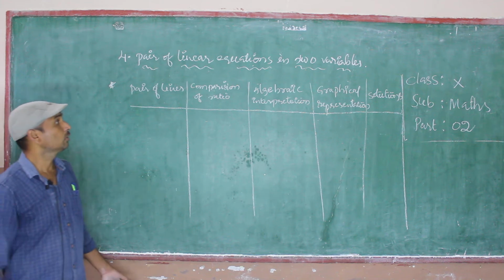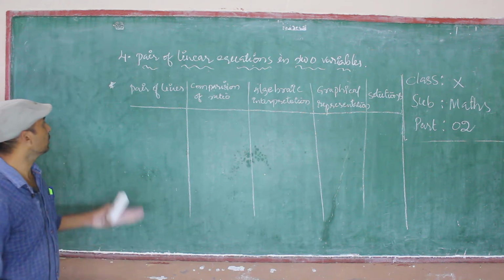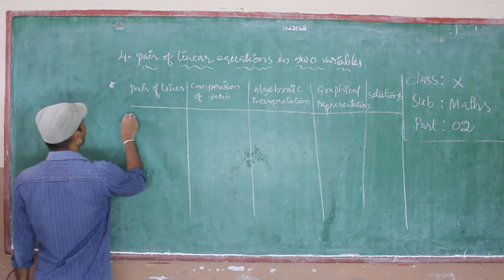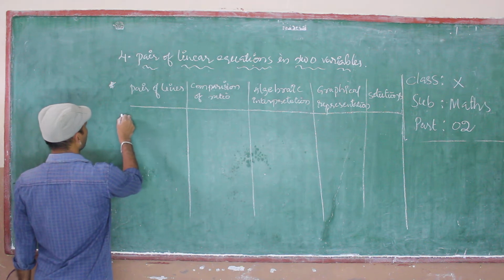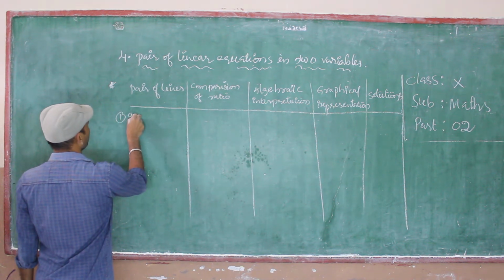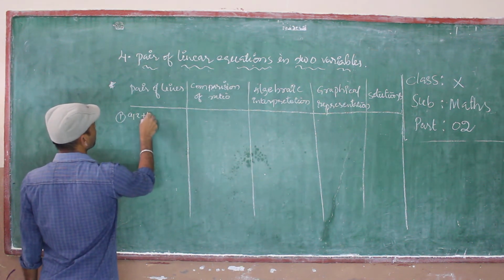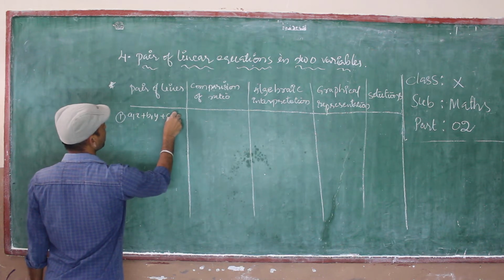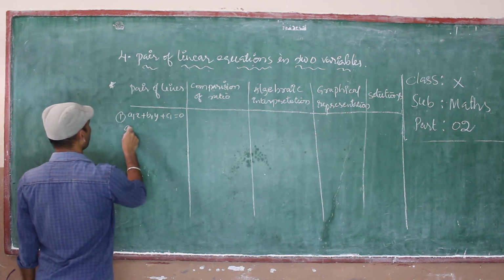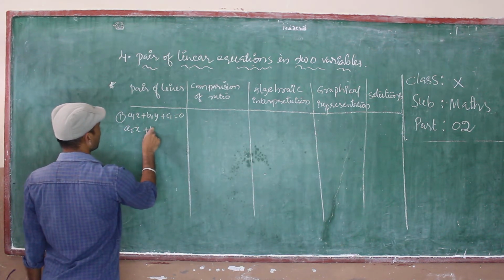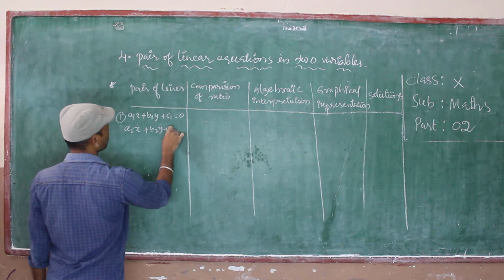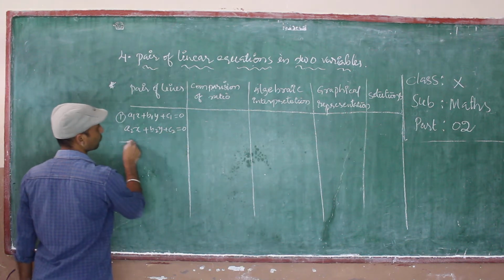Okay? So here problems. The first one, first two equations, first condition. a1x plus b1y plus c1 is equal to 0. a2x plus b2y plus c2 is equal to 0.